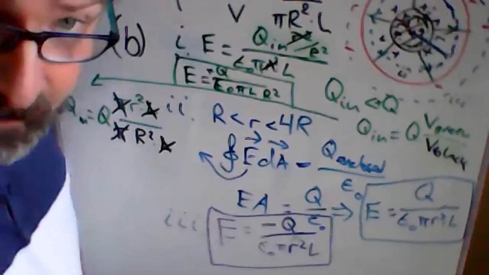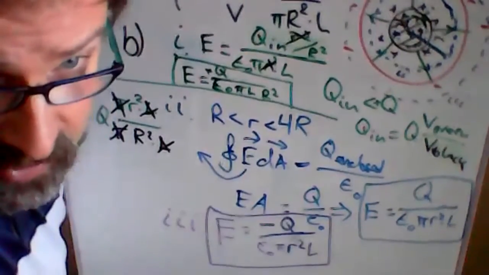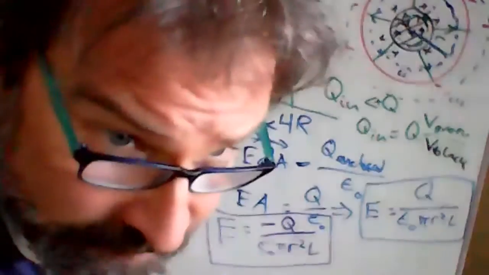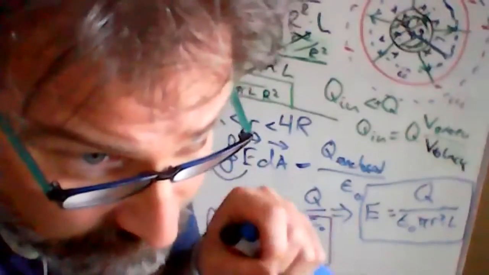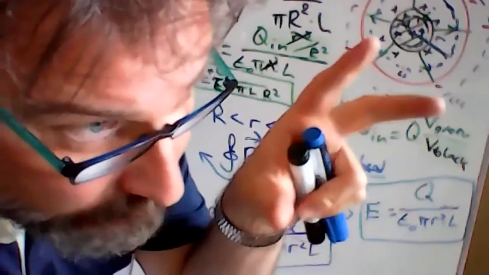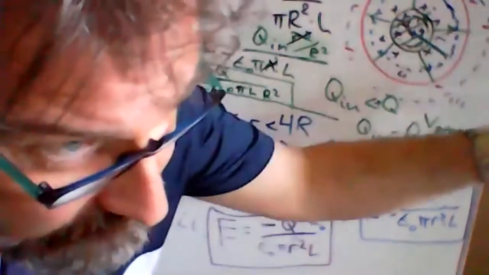Because the electric flux is proportional to the enclosed charge. So basically the idea, and again, this is the conceptual idea: if you have charge, it sends out electric field lines, like pew, pew, pew. And if you have more charge, it sends out more electric field lines. And if you have more of those field lines going out, they keep going out no matter what surface you put around that charge.